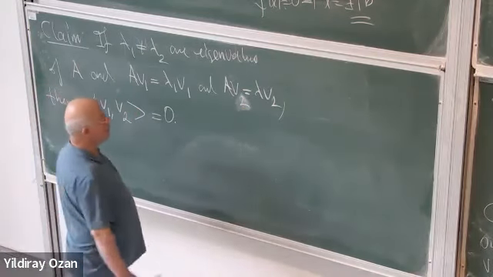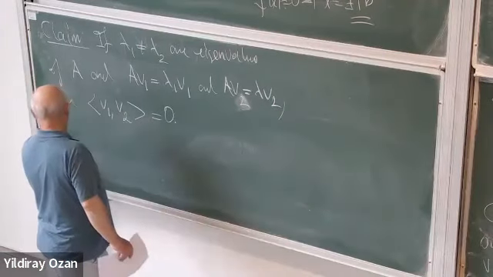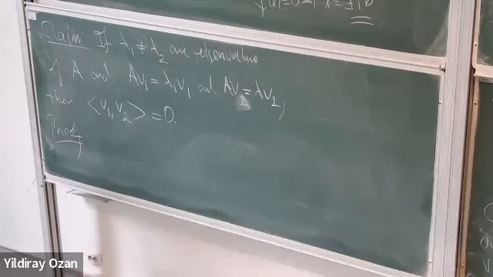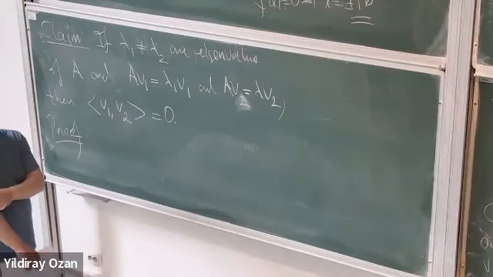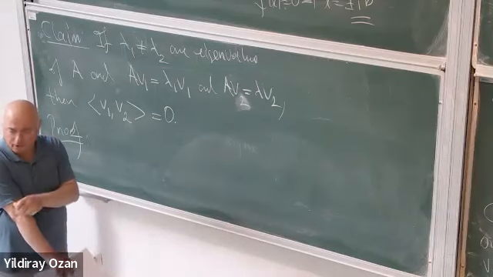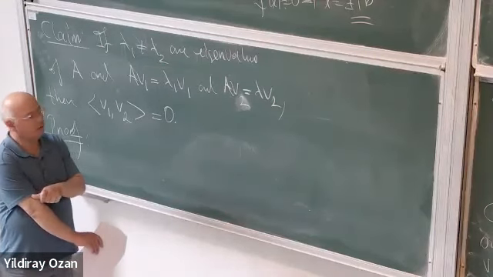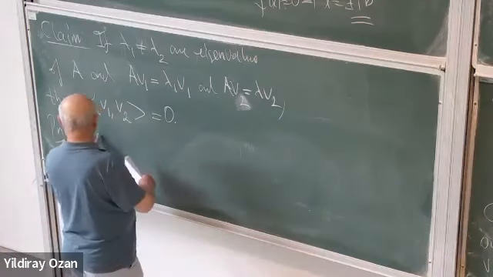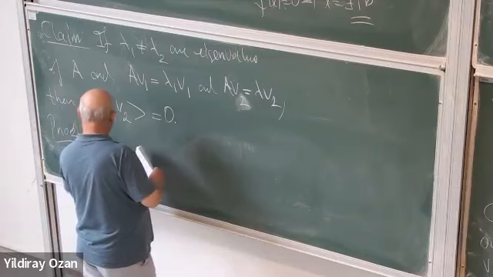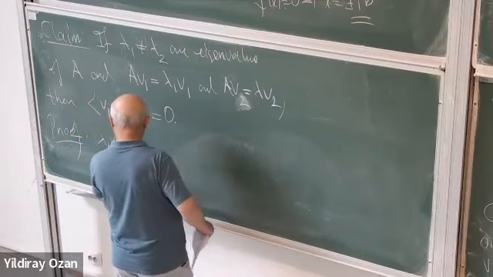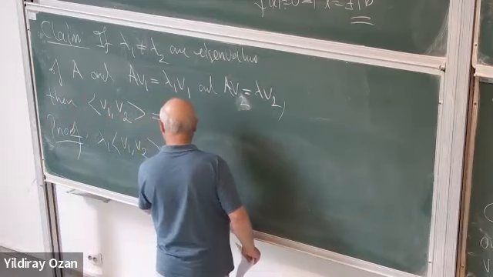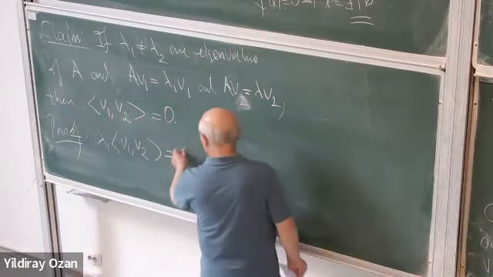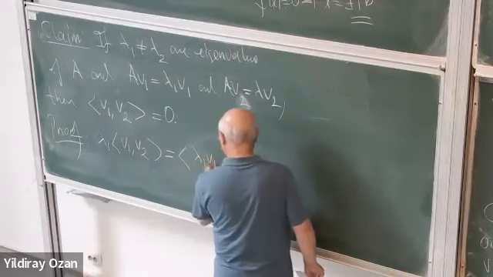The proof is actually similar to the proof of the similar statement for symmetric matrices. We proved this for symmetric matrices, and the proof we will do is basically the same. All right, so let's start with lambda 1 times the inner product of V1, V2. You know what I'm going to do, right?